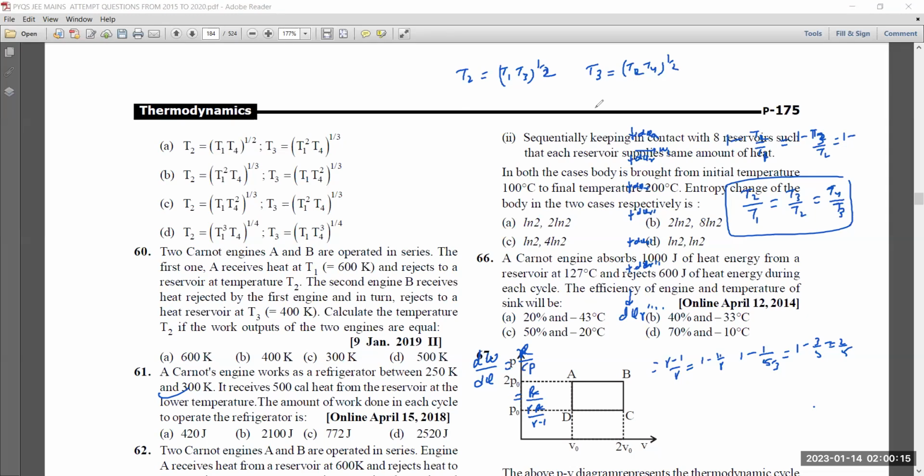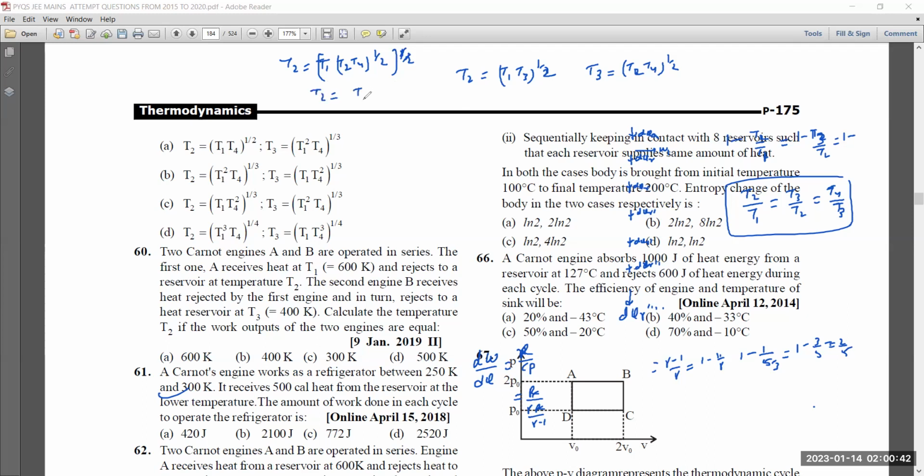So they're asking T2. Okay, so this we can write as T2 is how much? T1 into, and T3 we can replace by T2 T4, whole power 1 by 2, isn't it?